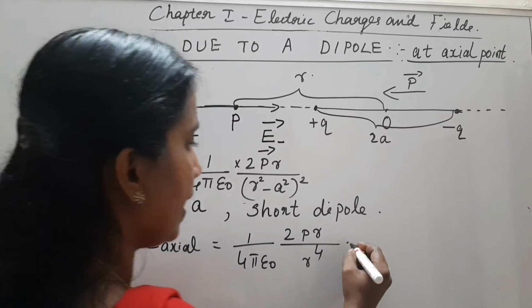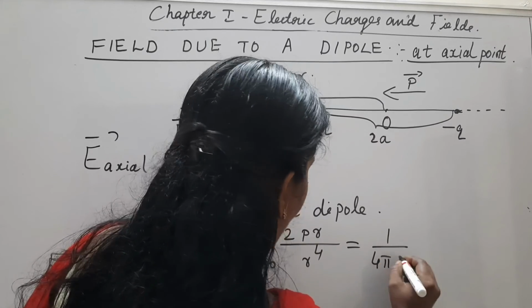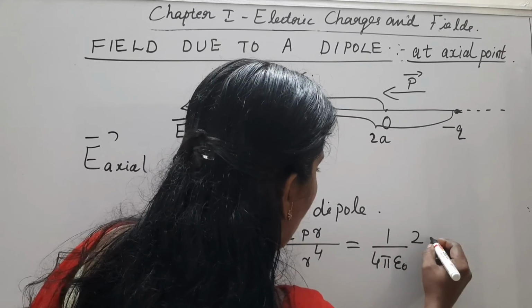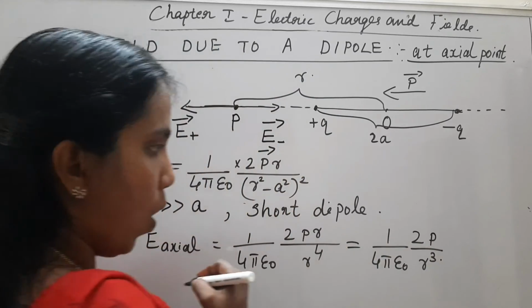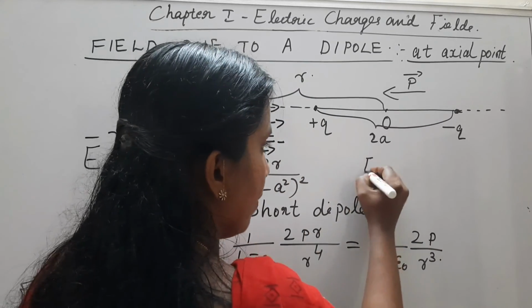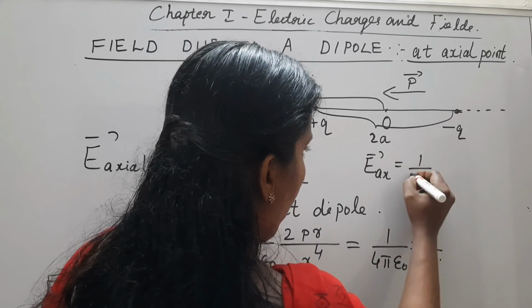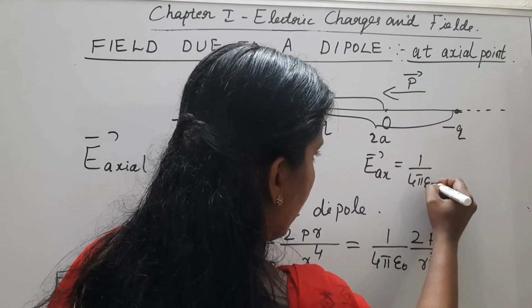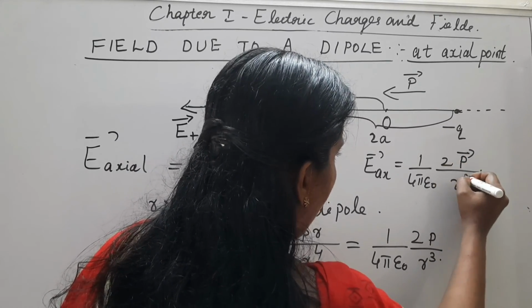So one r gets cancelled and we have the expression 1 by 4 pi epsilon 0 into 2p divided by r cube. Or for a short dipole, the vector expression is E axial equal to 1 by 4 pi epsilon 0 into 2 vector p divided by r cube.